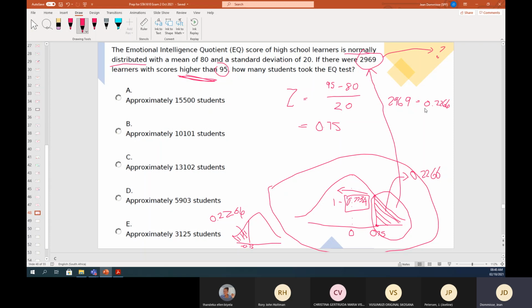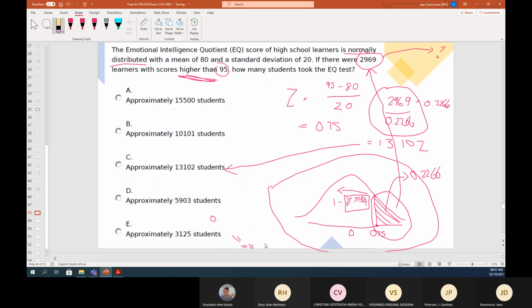So the easiest way for me to do it is to say that the 2969 divided by the 0.2266 will give me the full number of students, which would have given me 13102 comma something, which is equal to that one. So this was, for me, one of the most difficult ones. Let's make a bit of room again here.